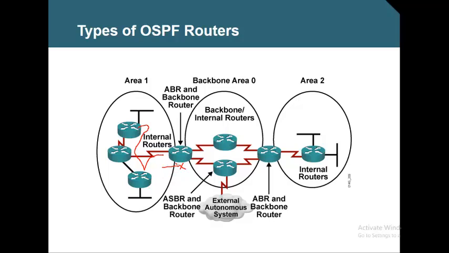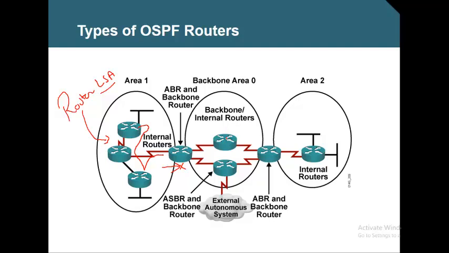Type 1 LSA, which we are talking about, called router LSA. This is like a local newspaper. The newspaper is circulated within that city. It will not be sent to the next city because it's not relevant for them. LSA type 1, called router LSA, is local within the area.